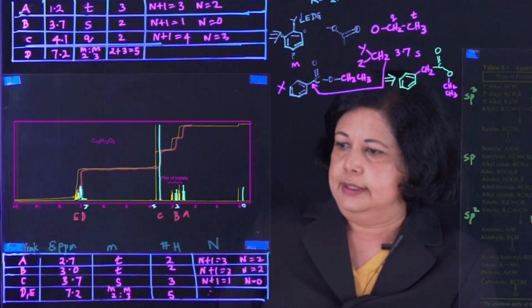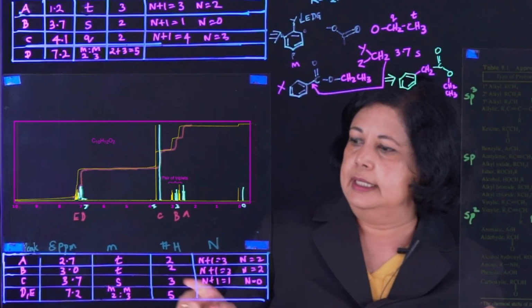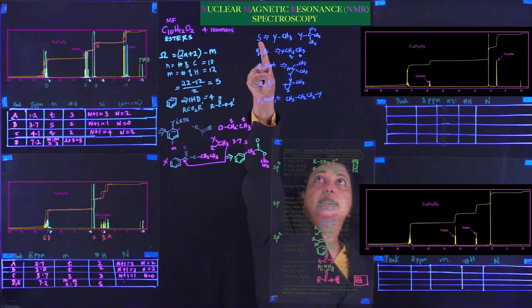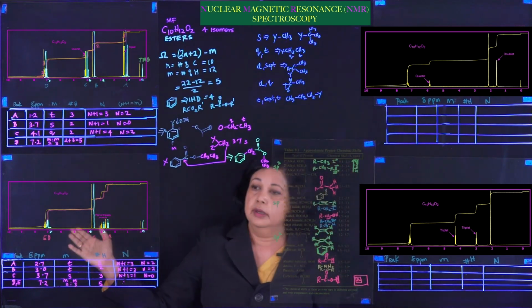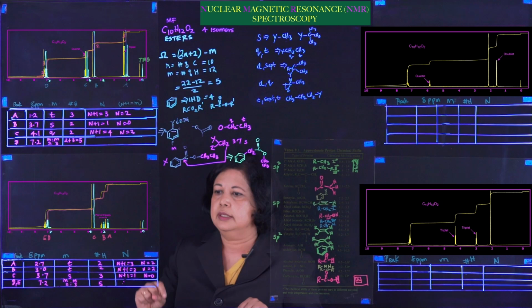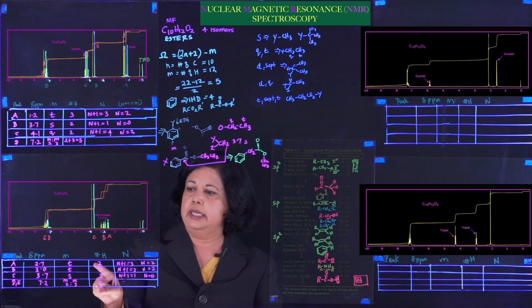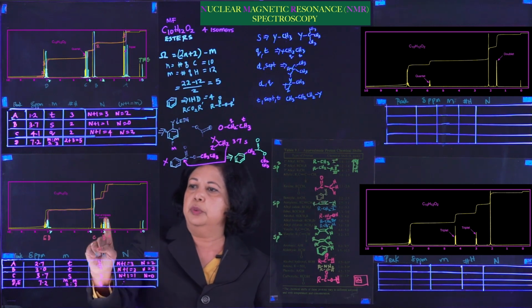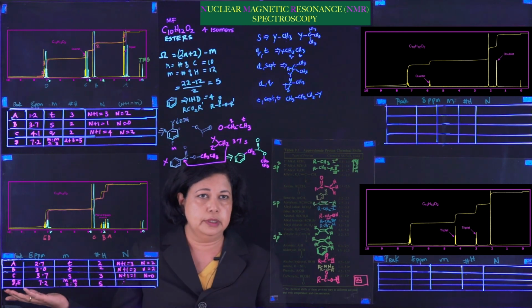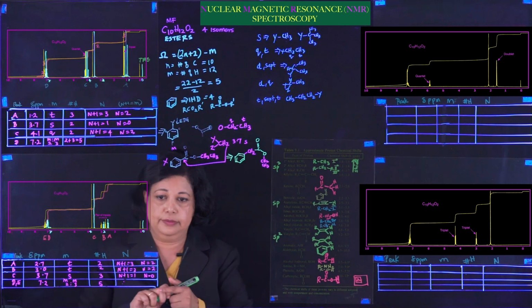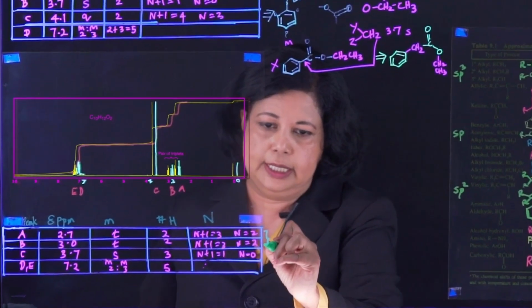All right, let's try to figure out some patterns here. Singlet, 3 hydrogens. That's a methyl group. So you have 2 protons here underneath this, and they have 2 neighbors. You have 2 protons here, and they have 2 neighbors. Well, what are the chances of them being right next to each other?